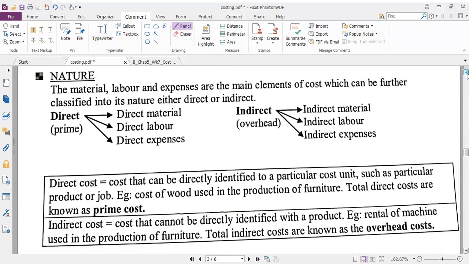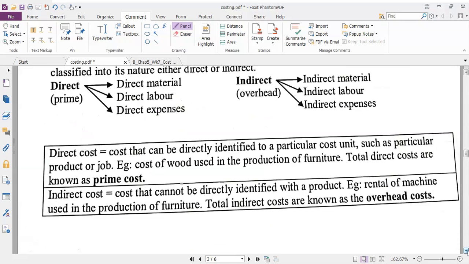Based on the nature of the cost, the cost can be further classified as either direct or indirect. Direct is the prime cost, but indirect cost we also call overhead.